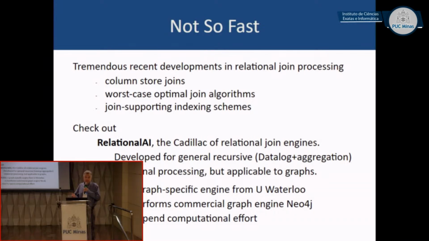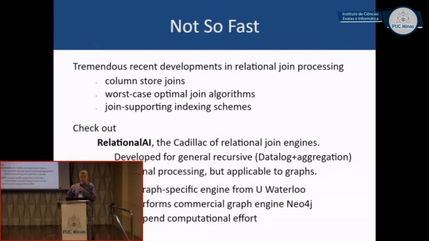The recursive Datalog allows you to write reachability queries, exactly what you need in a graph scenario. And then let me mention an academic prototype coming out of University of Waterloo. This is a graph-specific engine, but it incorporates all the goodies, column storage and worst-case optimal joins, and specialized indexing techniques in order to answer graph queries.